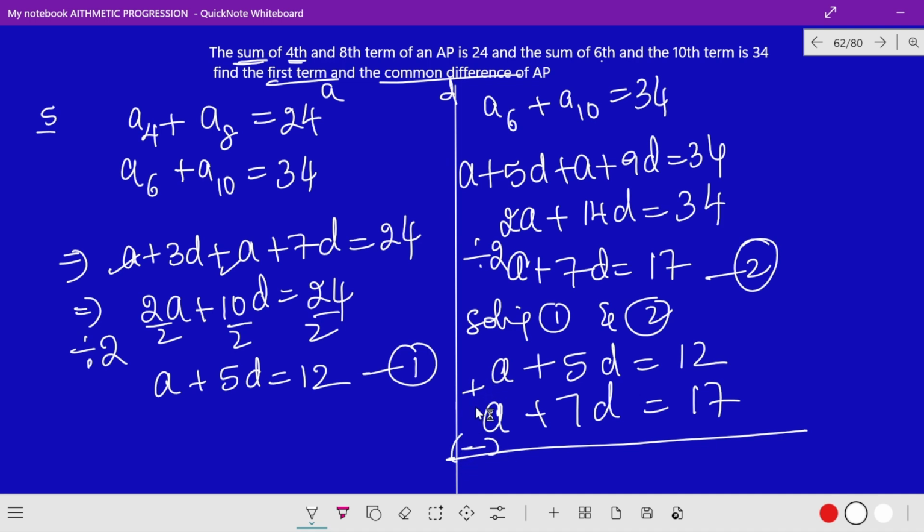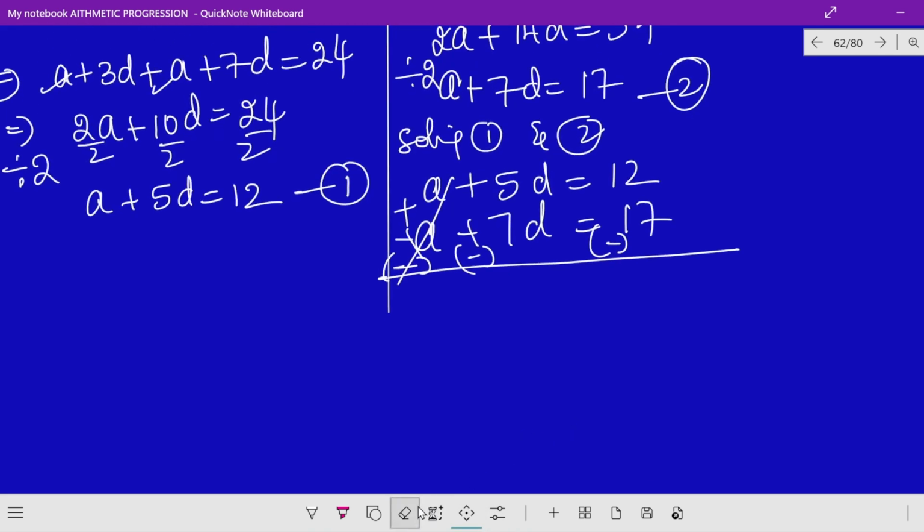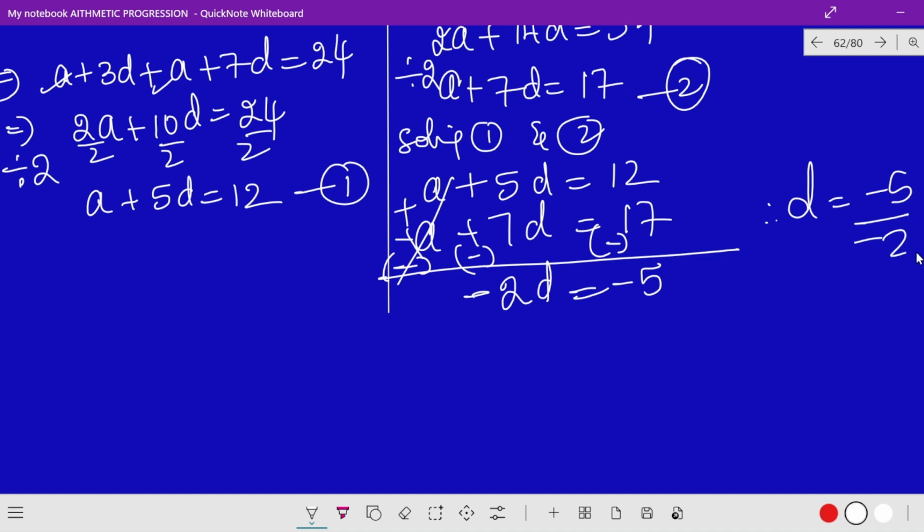Now try to simplify. Cancel a. 7 minus 5 will become 2, 2d. Bigger sign minus: 17 minus 12 will become 5. So therefore 2d is equal to 5, so d is equal to 5 by 2.